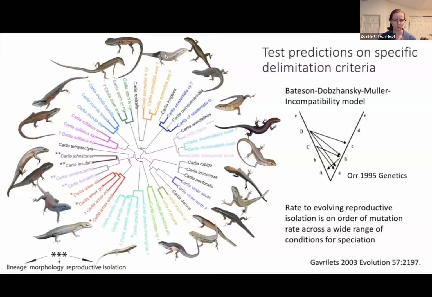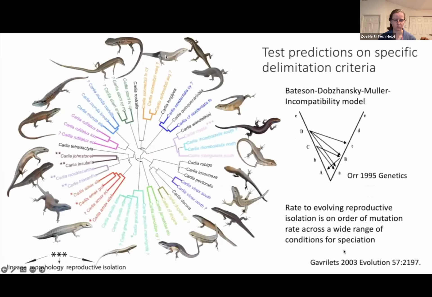So for example, in our study, we test this BDMI compatibility model, which I believe all of you know about. Under this model, Gavrilets has predicted that the rate of evolving reproductive isolation is on the order of mutation rates. And therefore, under a Bayesian framework, we calculate the marginal likelihood of a model where the evolving rate to meet the criteria of quick-tip speciation is associated with mutation rate, and we compare that to the marginal likelihood of a model where the two rates are not associated.